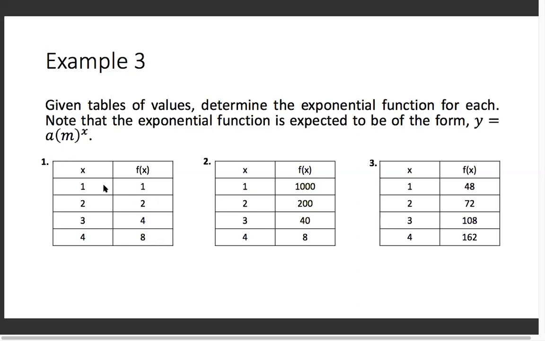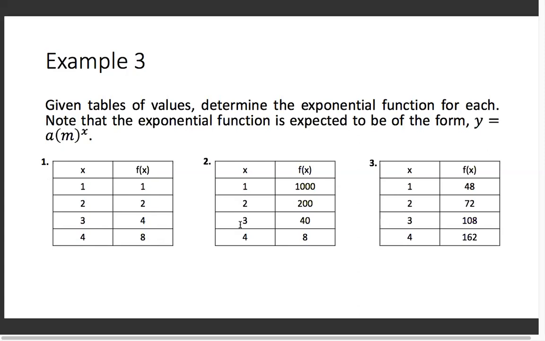So for number 1, here are the x values, 1, 2, 3, 4, and then the y values, or the f of x, 1, 2, 4, and 8. Notice the numbers are getting higher here, so definitely we expect number 1 to be an exponential growth function because the y values are increasing.